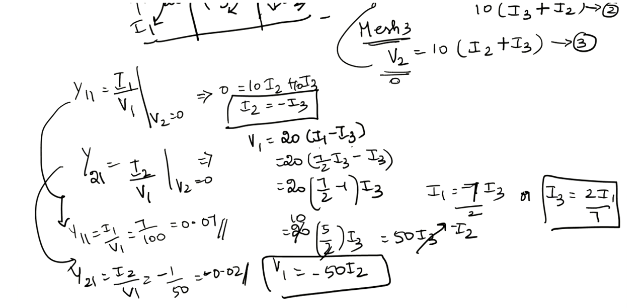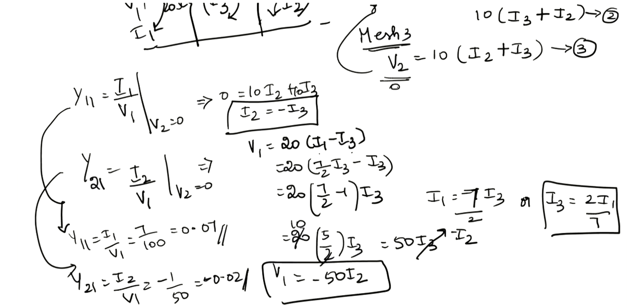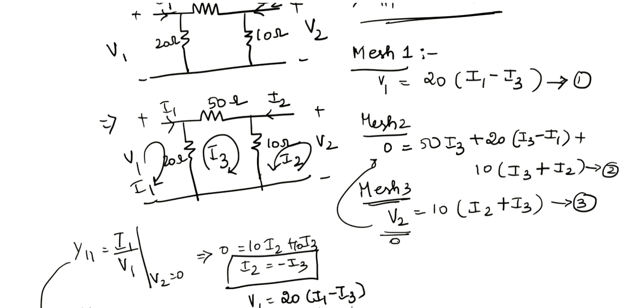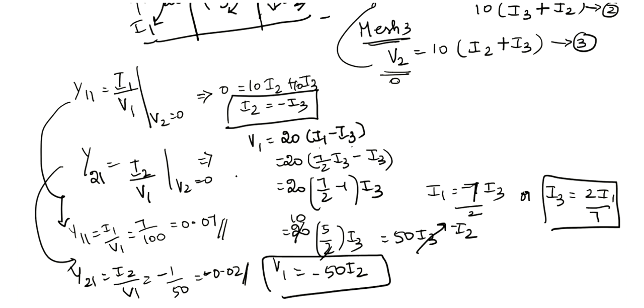So after finding the same way, what is next? We have completed V2 equal to 0. Now we are going to make V1 equal to 0. Take the same procedure and you are getting two answers, Y12 and Y22.